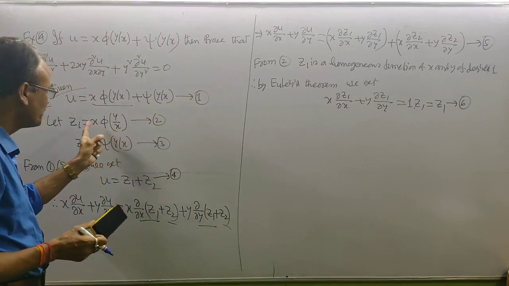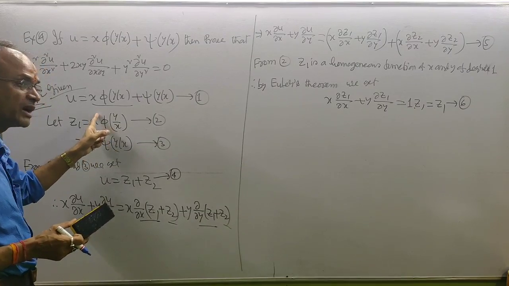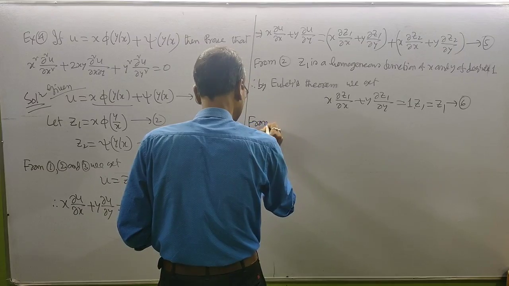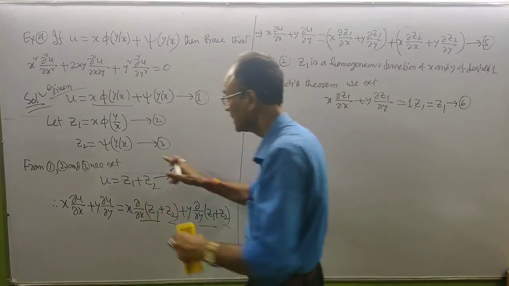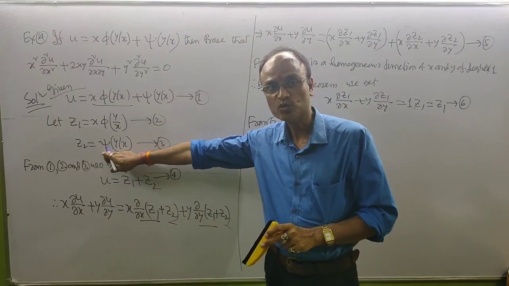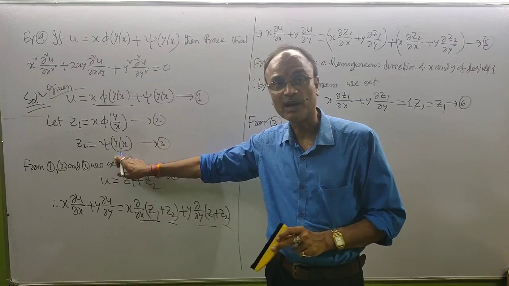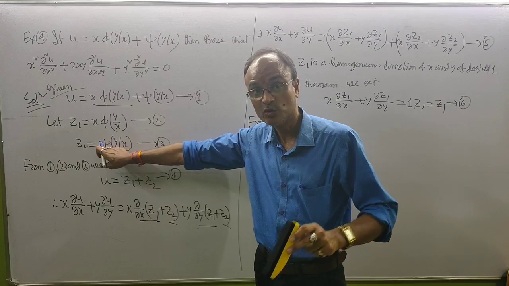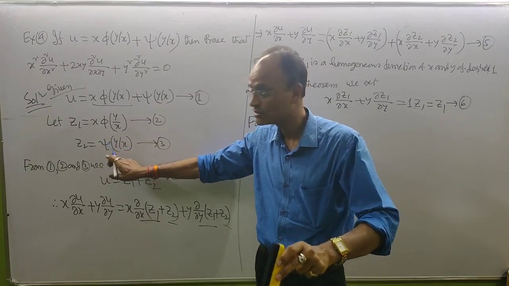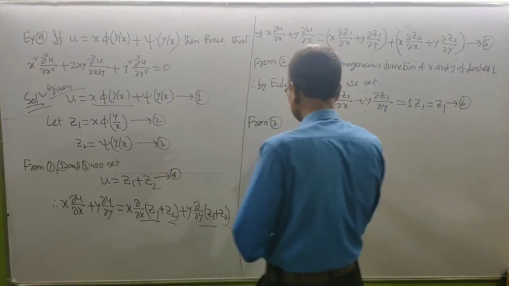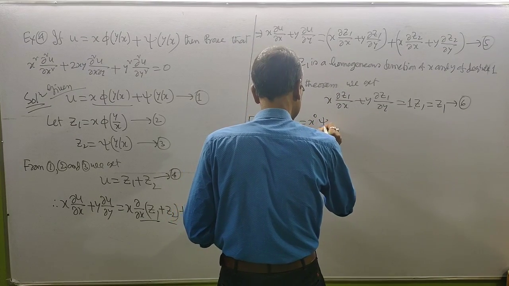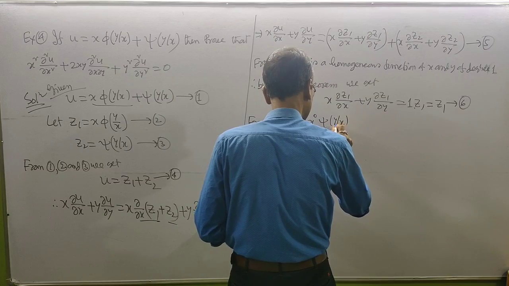From 3, z2 equals x to the power 0 into psi of y by x.